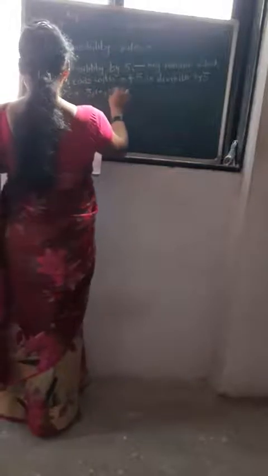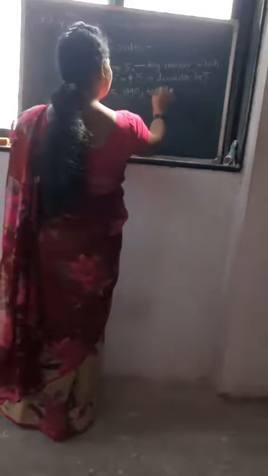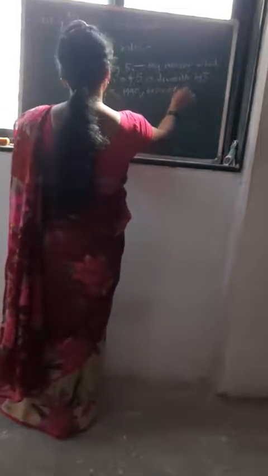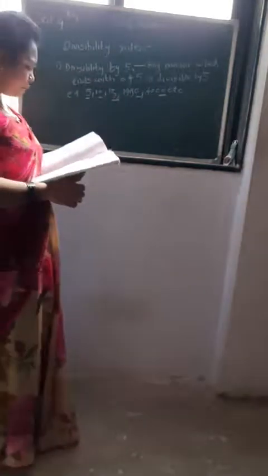For example, 5, 10, 50, 1990, 4000, etc. Observe these numbers end with 5 and 0, and they are divisible by 5.